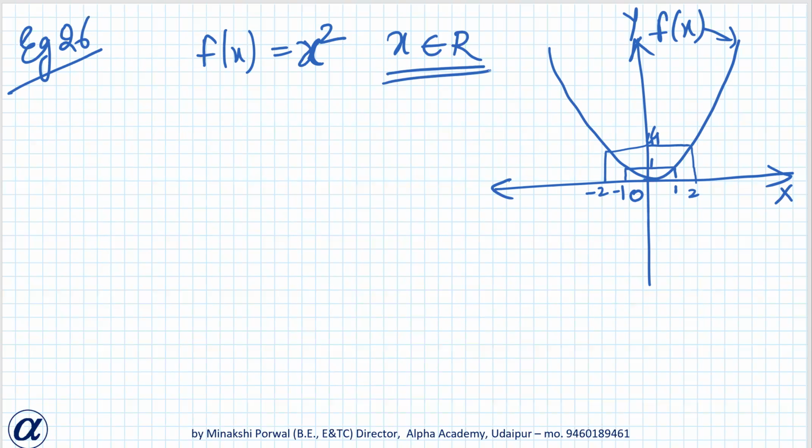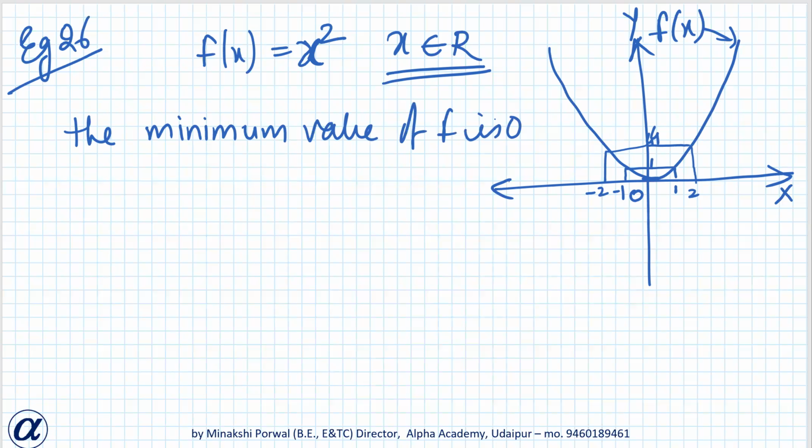So from the graph we can see that the minimum value of function f is 0 only. What about the maximum value? We don't know actually what the maximum value will be, because it can extend up to infinity, and similarly f of x will also go up to infinity.